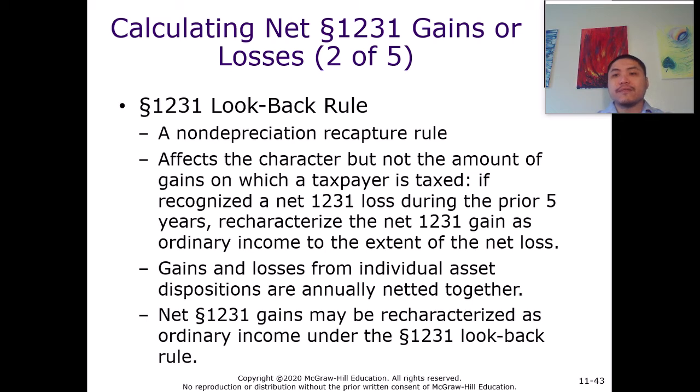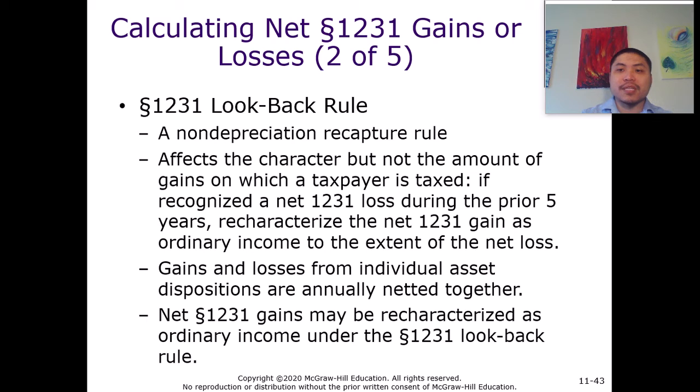So starting from tax year 2014, the taxpayer has to look back from 2014 to 2018 in the 5-year period to see if they have any net 1231 losses, right?